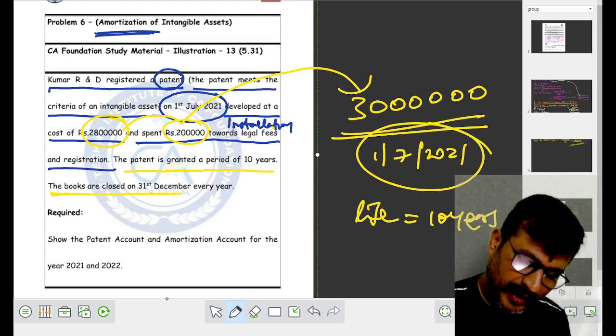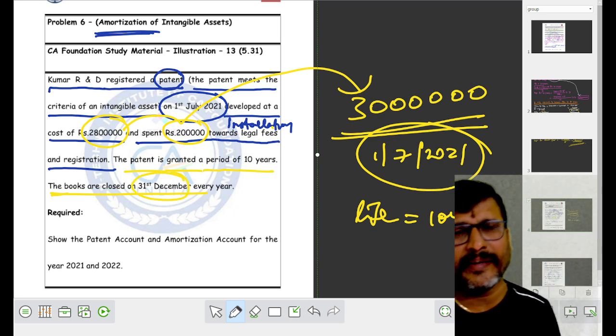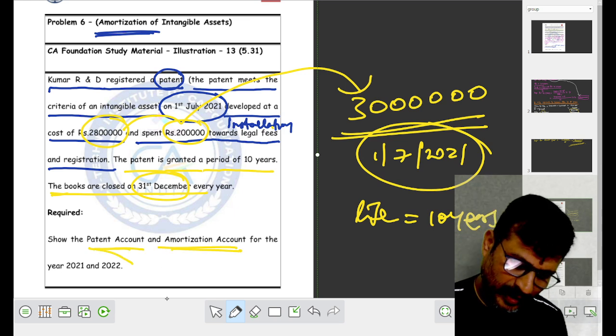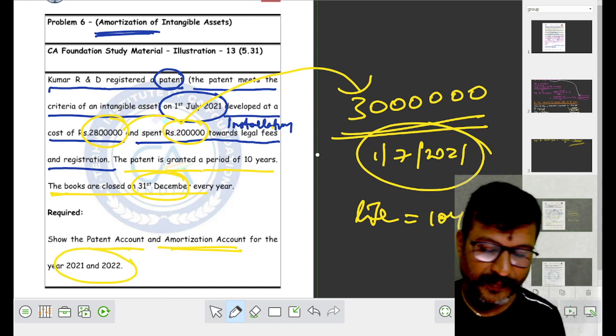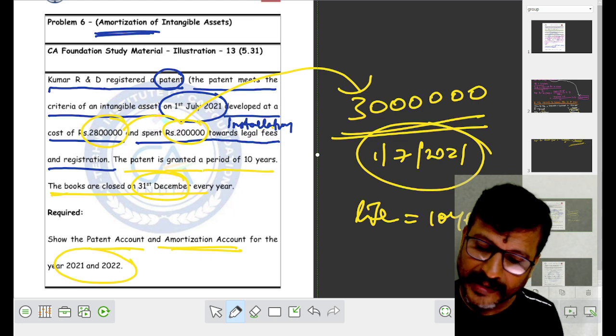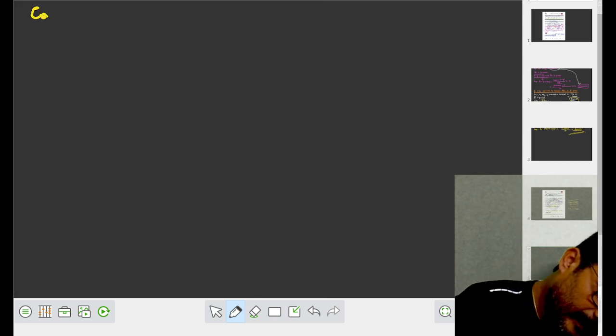Books of accounts are closed on 31st December every year. Show the patent account and amortization account for 21 and 22. For which years do you have to show? 21 and 22. Let me start the solution. Okay, fine.